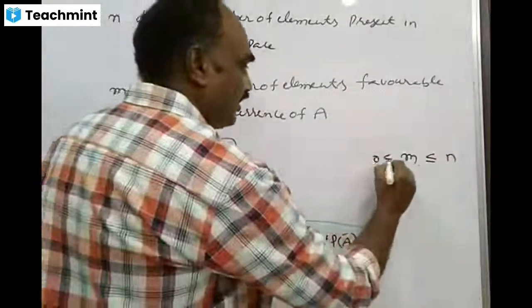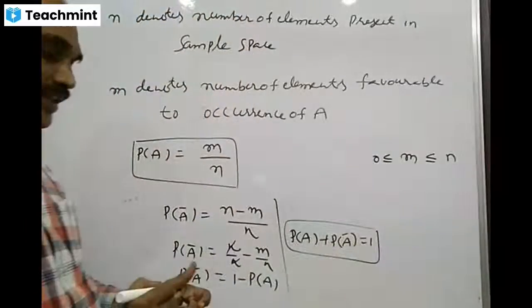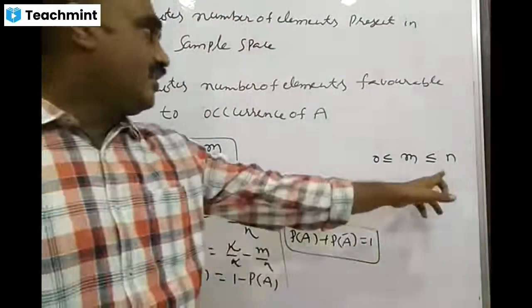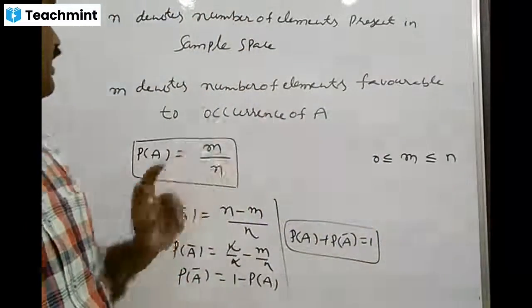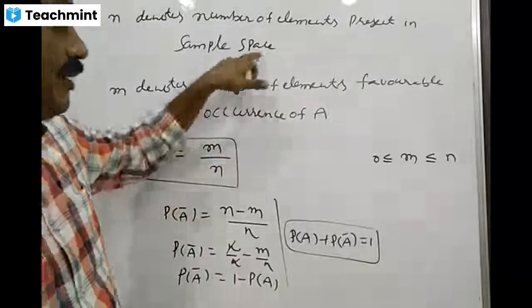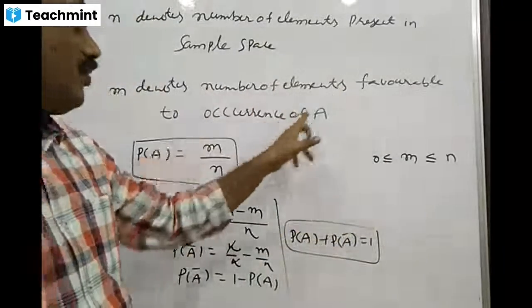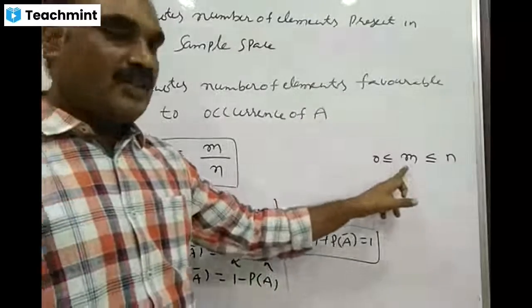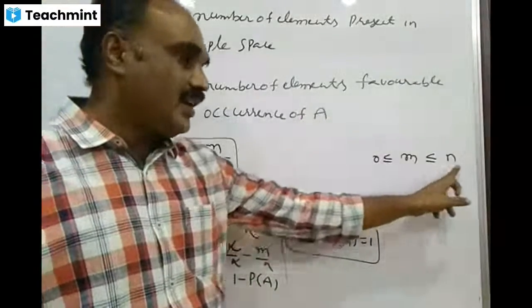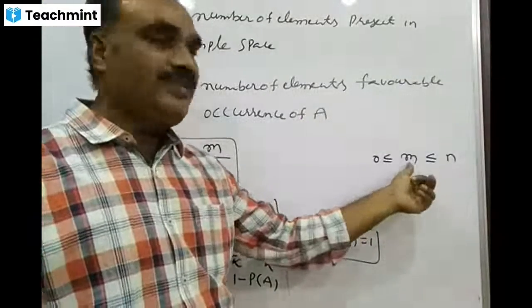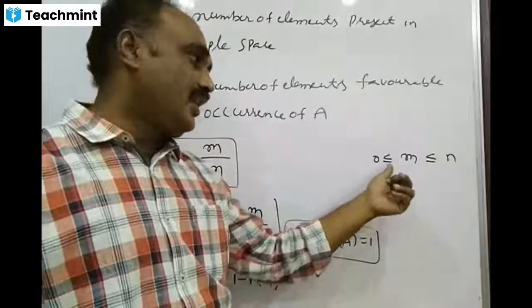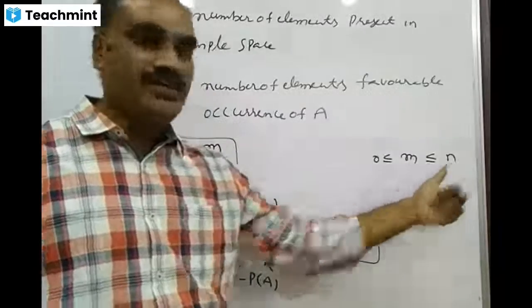Friends, 0 less than or equal to M less than or equal to N. M is always positive. Therefore, 0 less than or equal to M less than or equal to N.